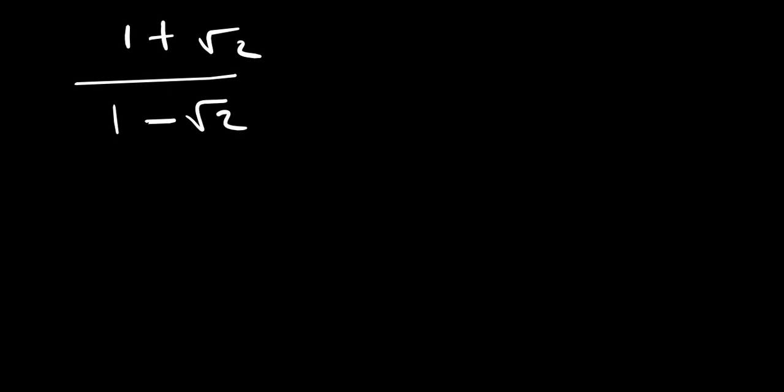Now let's solve another one. Let's say you have 1 plus the square root of 2 on top, and 1 minus root 2 as the denominator. Okay, it's the same principle. You're going to multiply by the conjugate of the denominator on both sides.